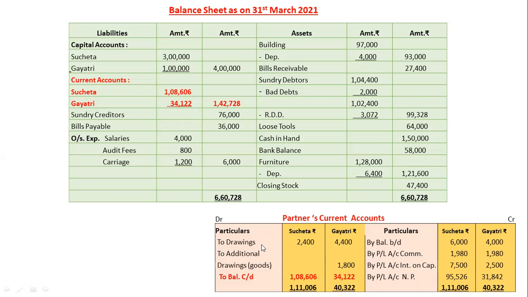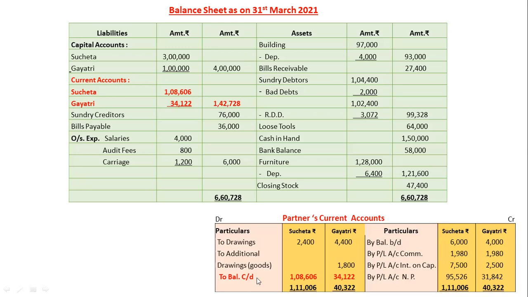Debit side drawings of both the partners, additional drawings, that is goods withdrawn by Gayatri 1800, and the balancing amount, that is of 1,08,606 and Gayatri's 34,122, which is highlighted in red color.